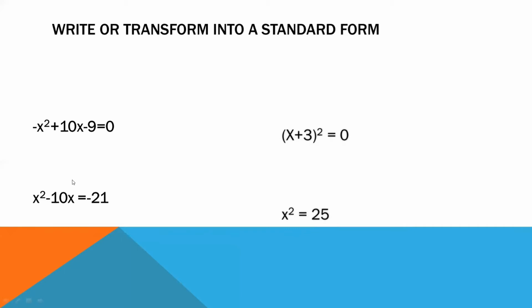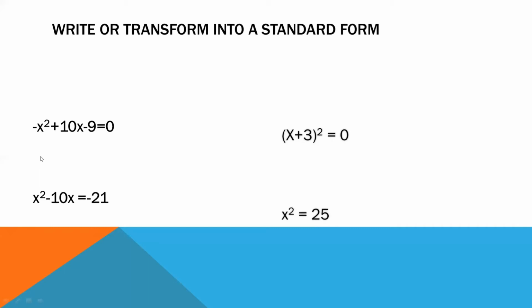But, we have what we call its standard form. When we say standard form, our equation must be equal to 0 and the a, or the coefficient of the quadratic term, must be positive. So, if our quadratic term is negative, we need to transform it into positive, and if it is not equal to 0, we need to make it equal to 0.